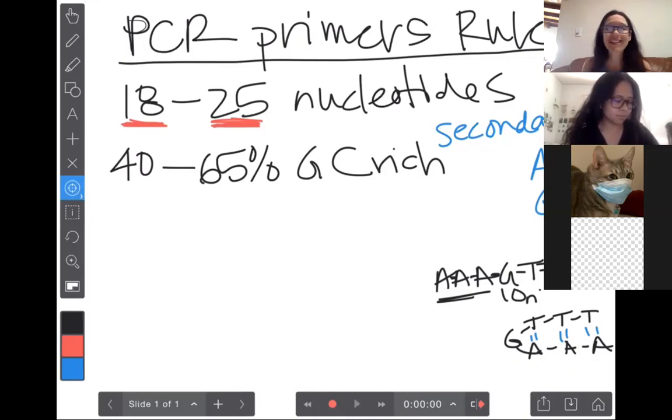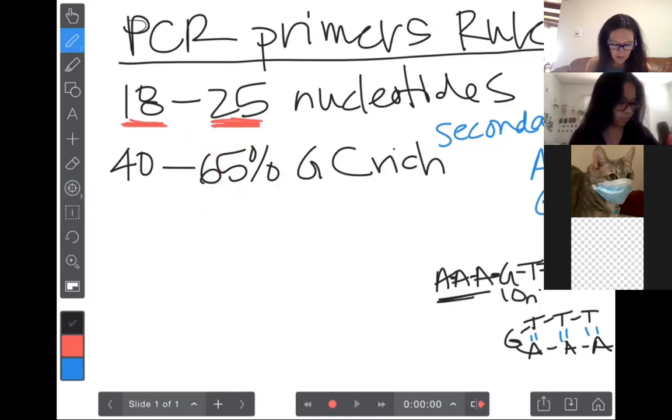Too many A's and T's in your primers makes PCR not work as well. And if you get too high, over 65% GC, it sticks too well. Then when you hit it with heat to remove them again in the process of PCR, they don't come off very well. So we want the happy medium.